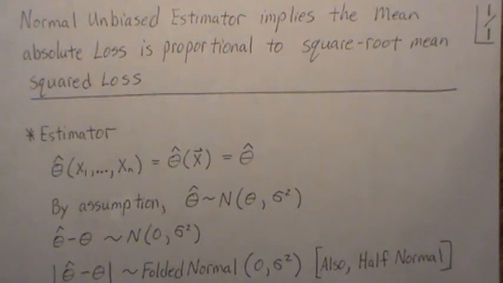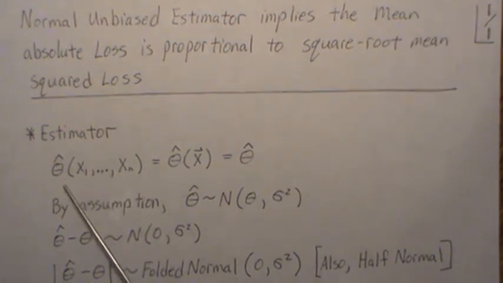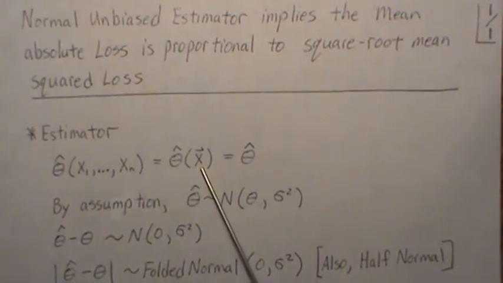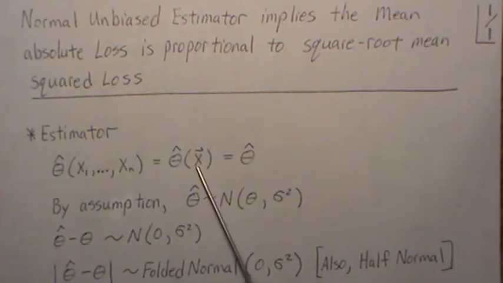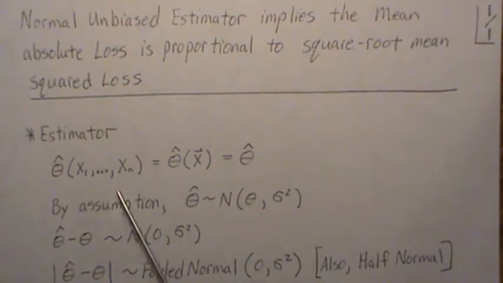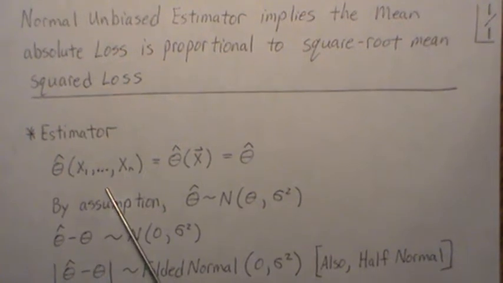estimators. So our estimator we're going to call Thetahat, which is a function of our sample or our data, and sometimes we'll write it in vector notation, but to slightly abuse the notation we'll often just call it Thetahat. But Thetahat is really a function of our sample.